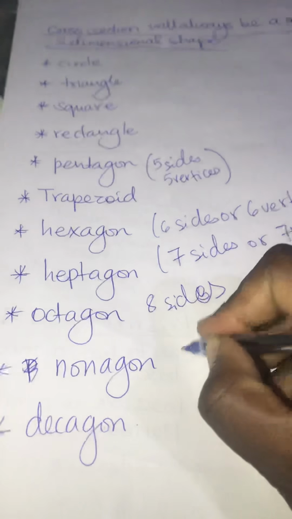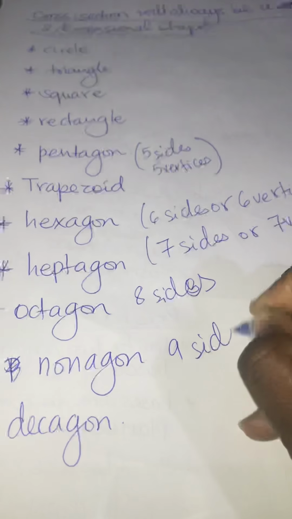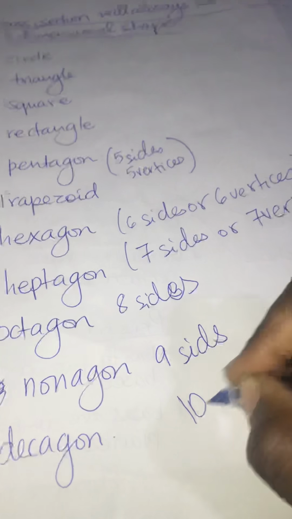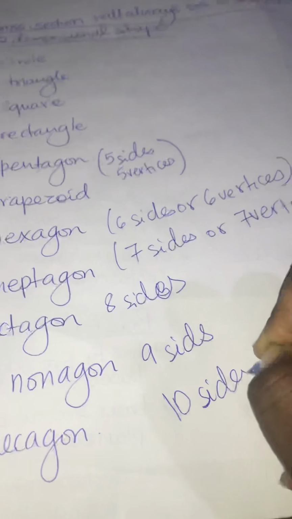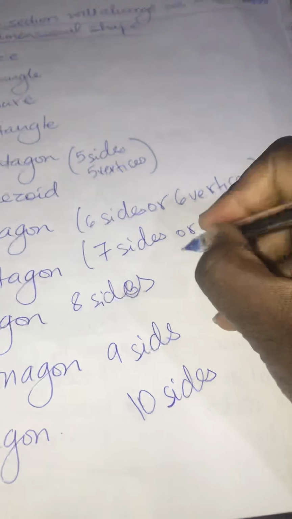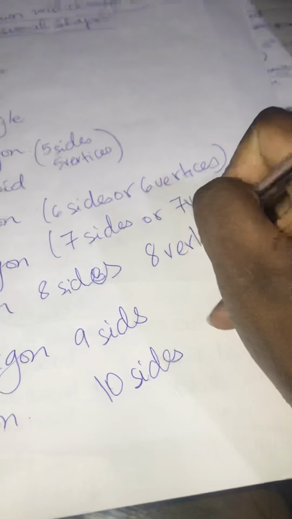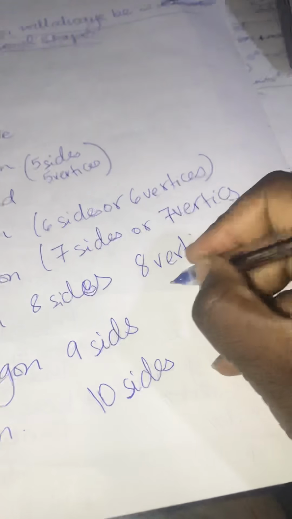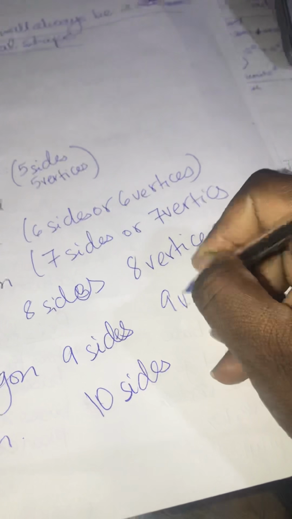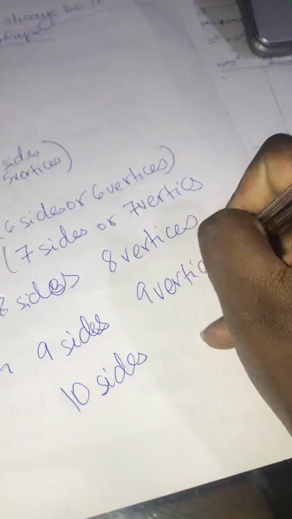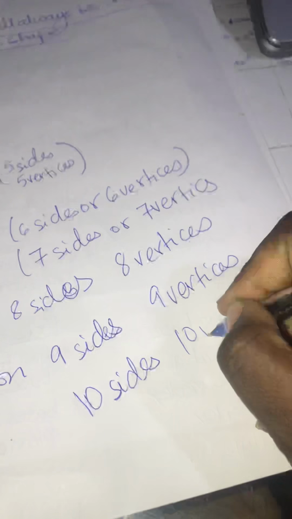Nonagon has 9 sides. Decagon has 10 sides. You should know this from grade 6 and 5. 8 vertices. 9 vertices. 10 vertices.